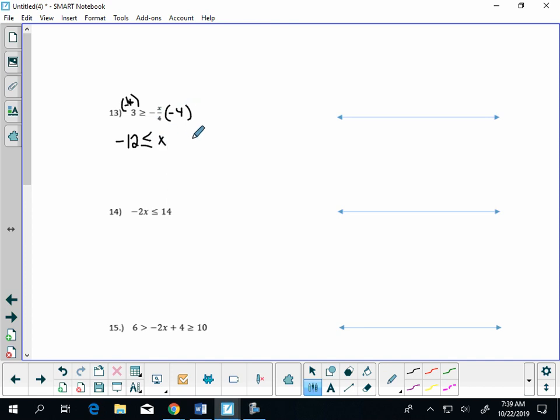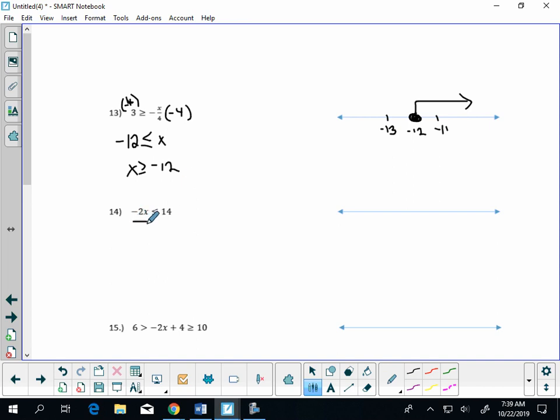Those negative 4s cancel, and I'm left with just x. Rewrite it so that the x comes first. Negative 12 in the center. Something bigger, something smaller. Closed dot at negative 12, shaded to the right.